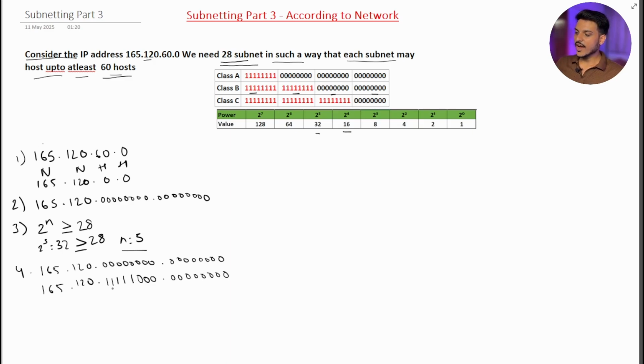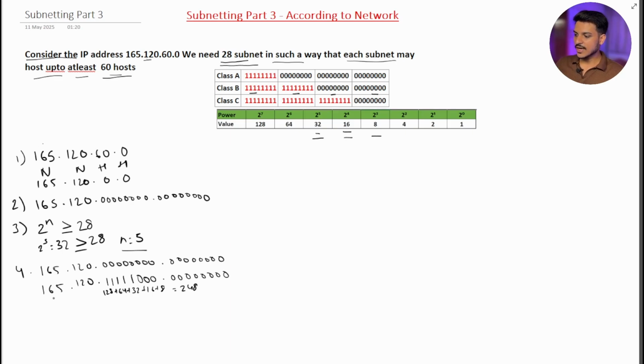Now we have to find its value, that is 2 raised to 7. So it will be 128 plus 64 plus 32 plus 16 plus 8, because it is the starting 5 bits. So you can see it will be 2 raised to 7, 2 raised to 6, 2 raised to 5, 2 raised to 4, 2 raised to 3, till 2 raised to 3, and if we sum up all the values, it will give us 248.